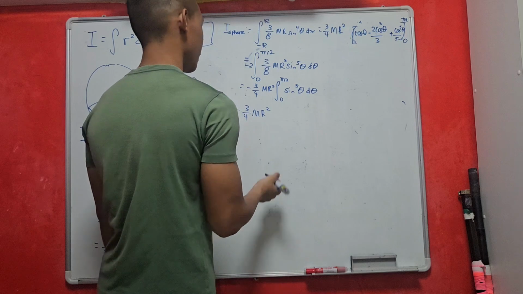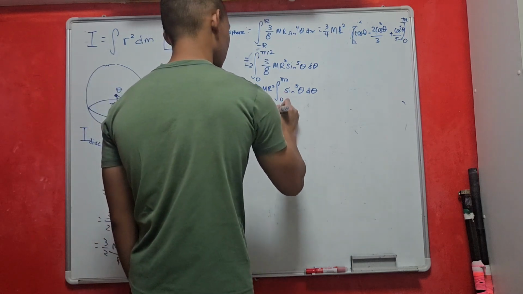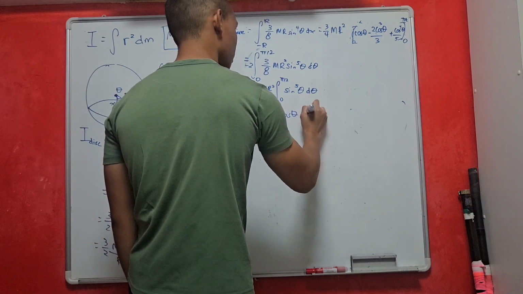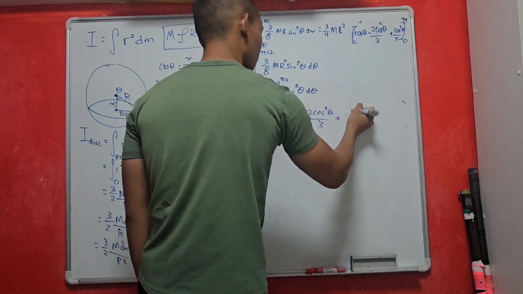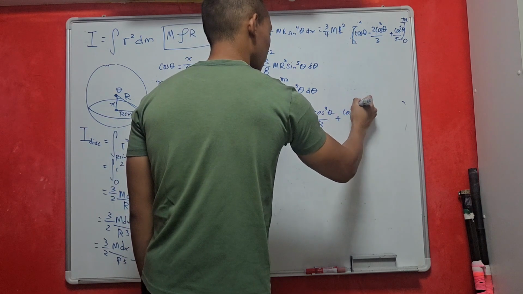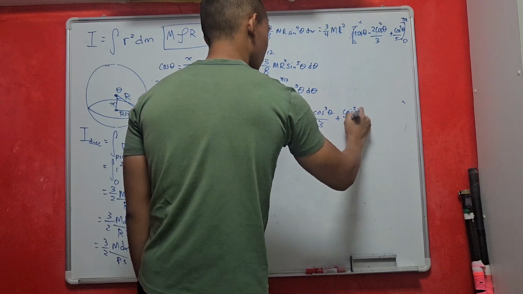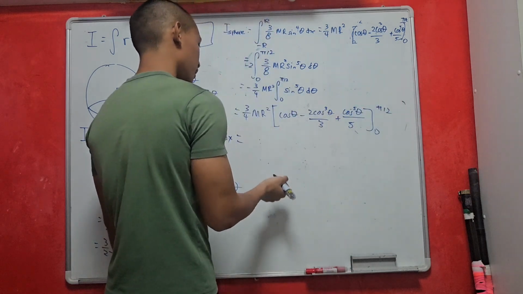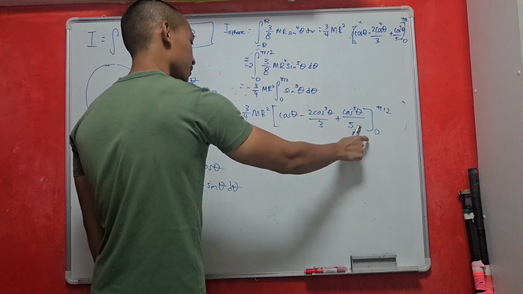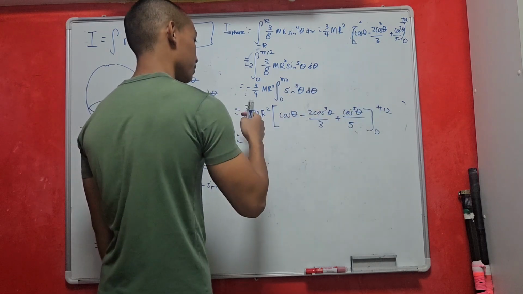Okay, cosine 0 is equal to 1 and cosine pi over 2 equals 0.